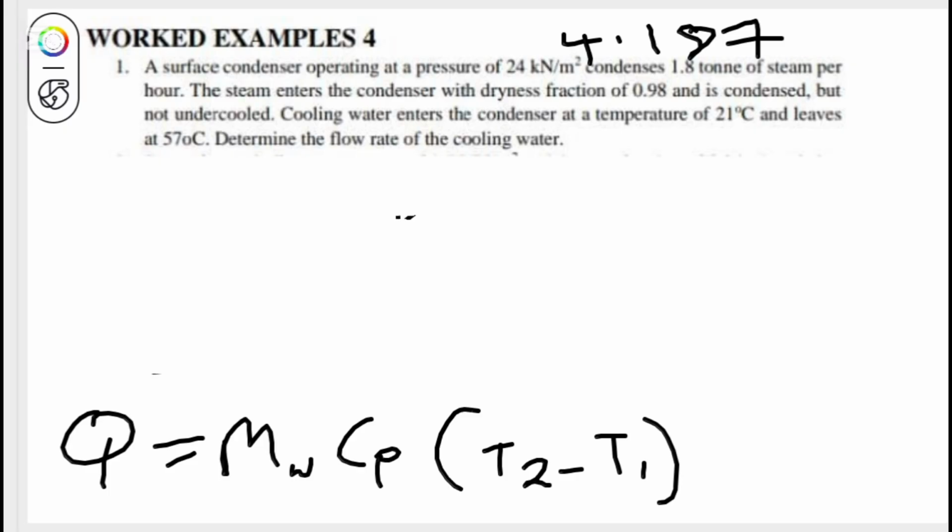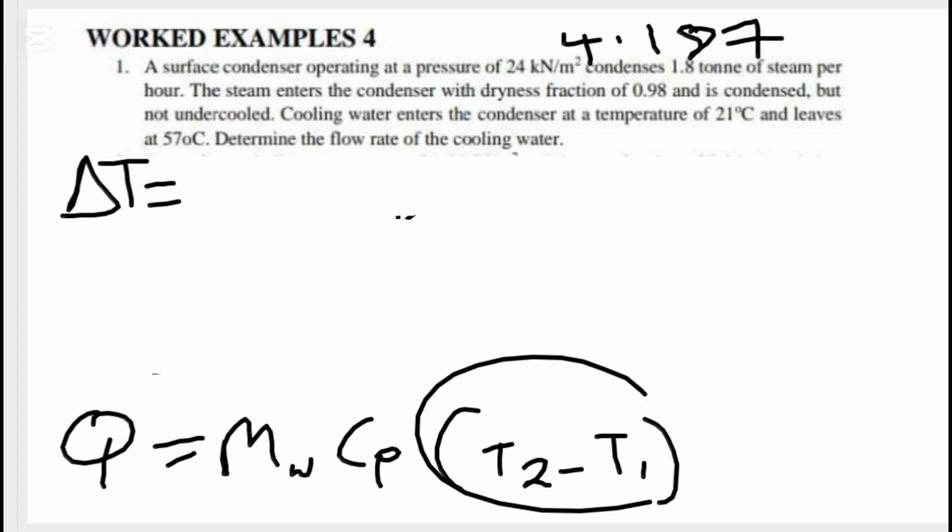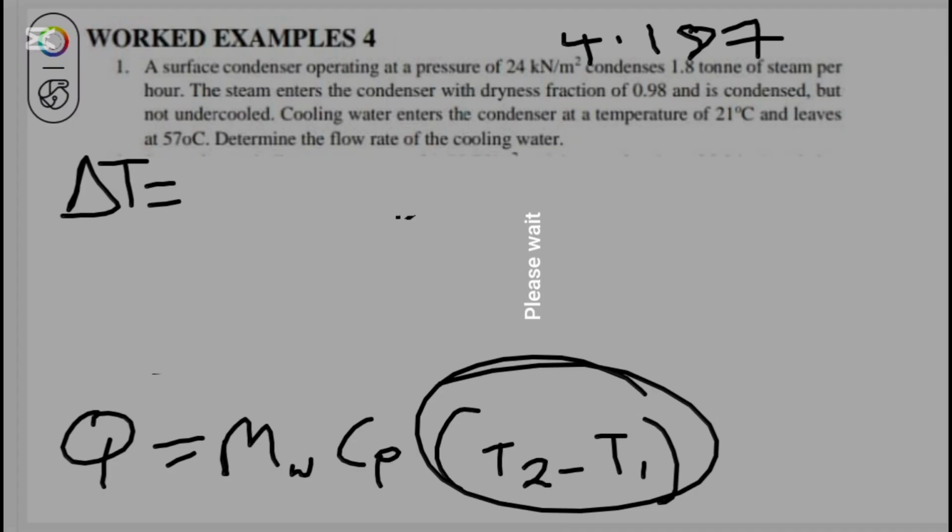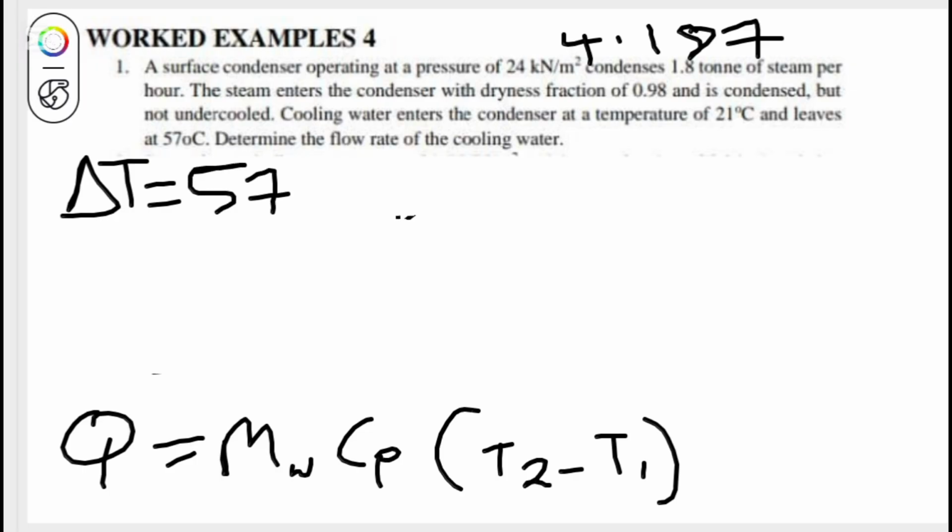You have to take note that the delta T is the same thing as T2 minus T1, as I wrote from the formula. So T2 is 57 and T1 is 21, so 57 minus 21 will be equal to 36.